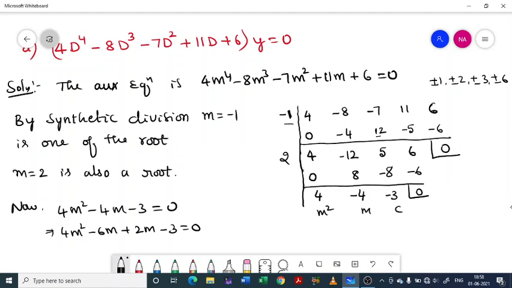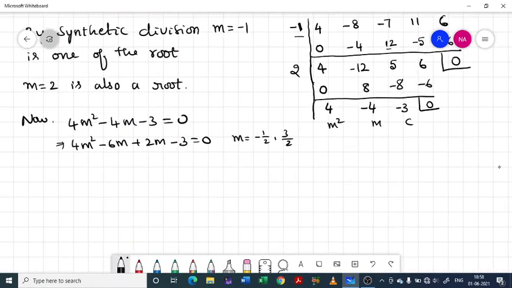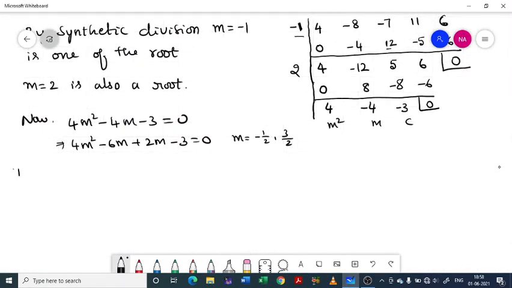Try to factorize this, you get m to be minus 1 by 2 and 3 by 2. So totally the roots of the given equation are m equal to minus 1, 2, minus 1 by 2, 3 by 2.